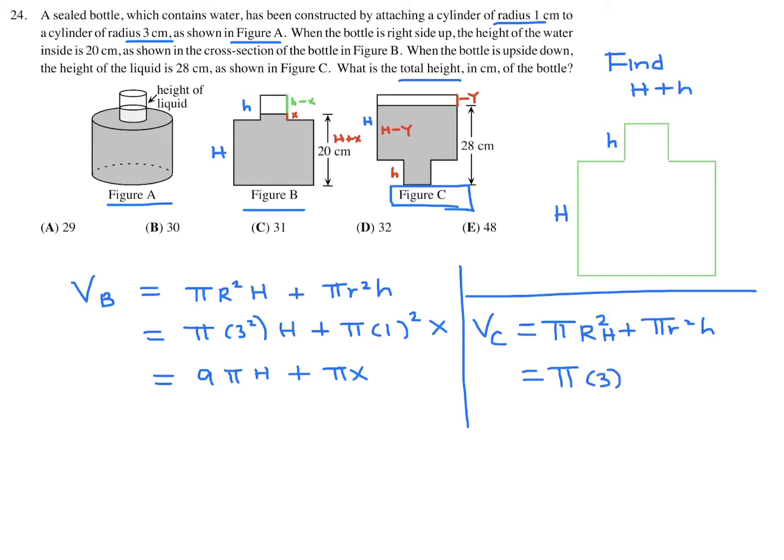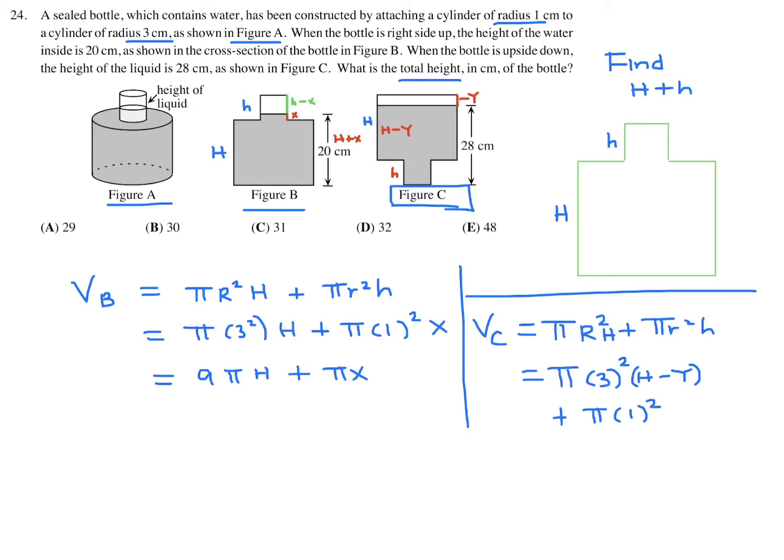And then we've got H, but in this case, be careful now. Our height is not that. Our height is from here to here, right? So it's H minus y. So don't get confused. Just look at the diagram very carefully. And then we got pi small r, which is 1.